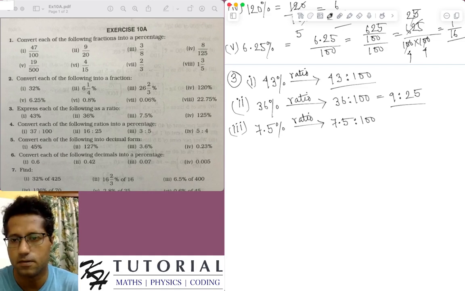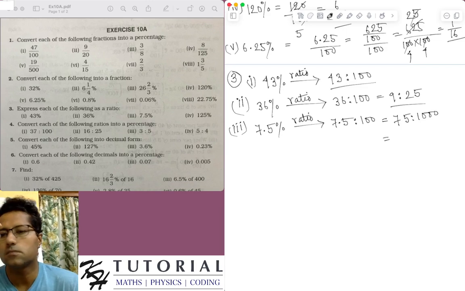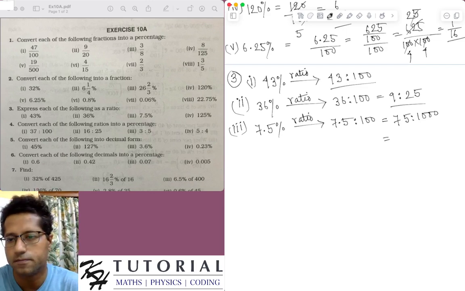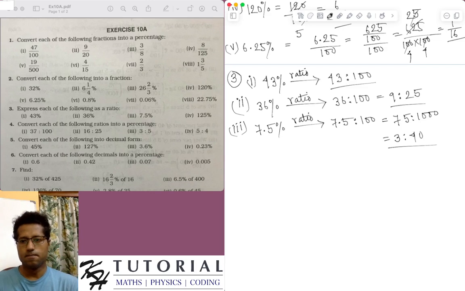So if I multiply both the terms with 10, I get 75 is to 1000. Now if I divide the terms of this ratio with 25, I get 3 is to 40. I think 3 is to 40 is the ratio.